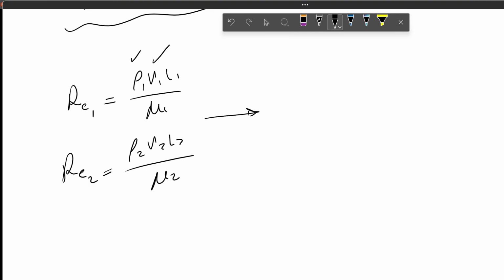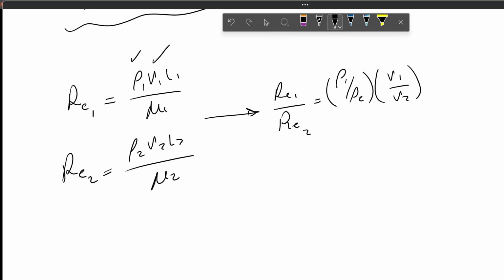We can just take the ratio of the two Reynolds numbers and set it equal to 1. That's the idea. Let's see what happens if we do that. We're going to have rho 1 divided by rho 2, V1 divided by V2, L1 divided by L2, and mu 2 divided by mu 1.